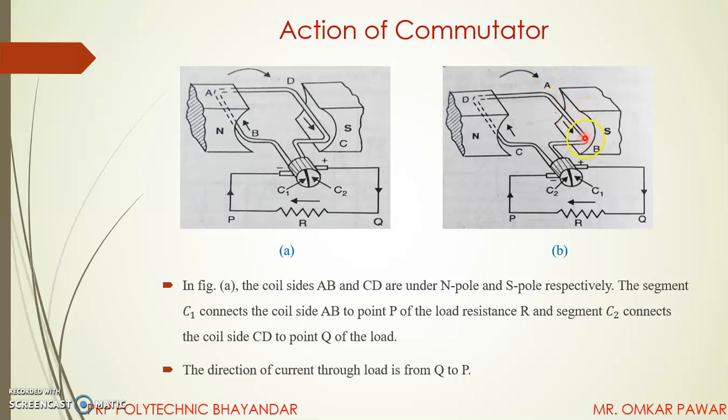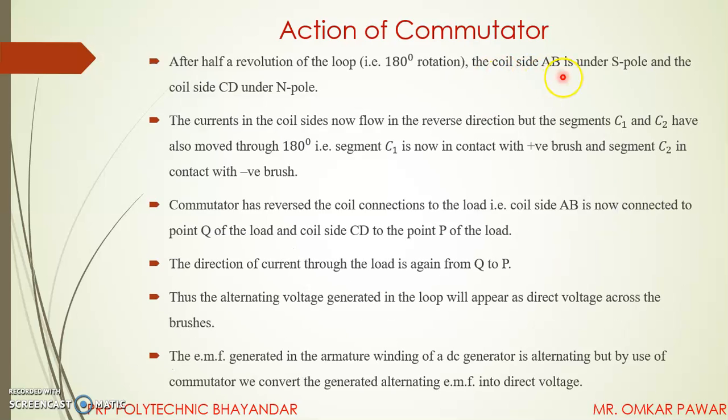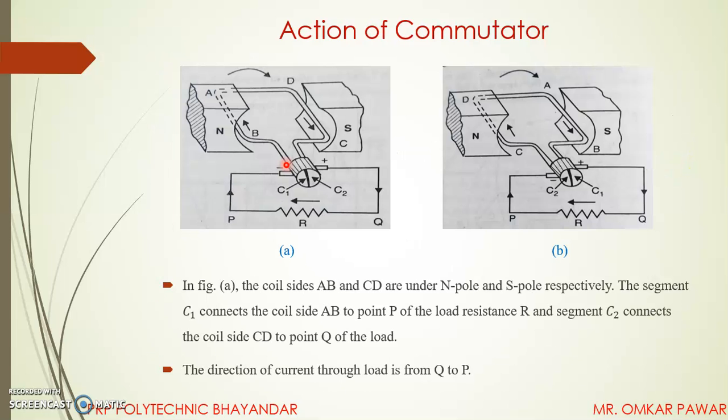So the currents in the coil sides now flow in reverse direction. But the segments C1 and C2 have also moved through the 180 degrees. That is, segment C1 is now in contact with the positive brush and segment C2 is in contact with the negative brush.